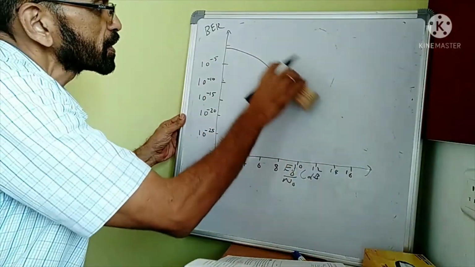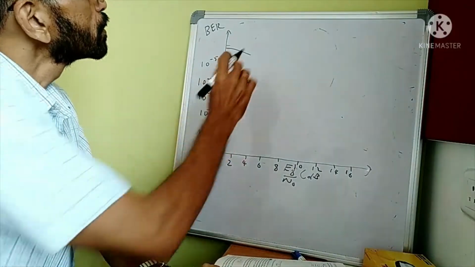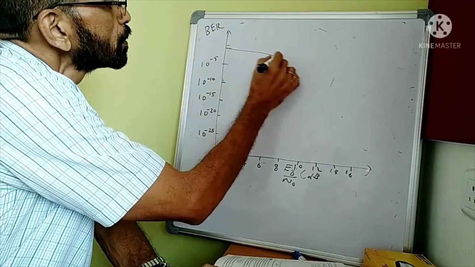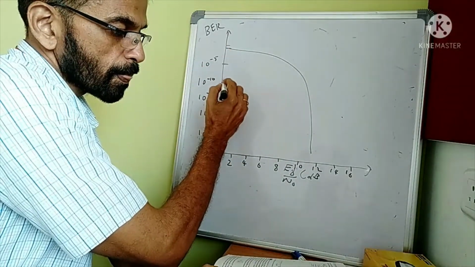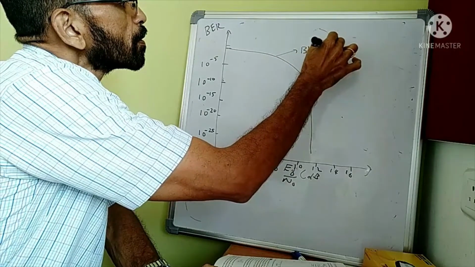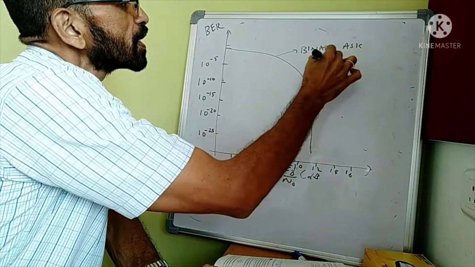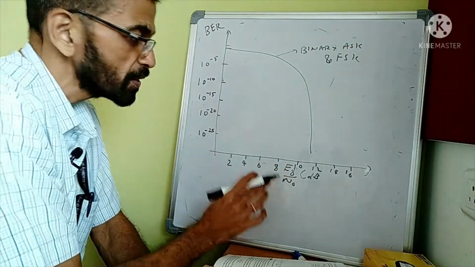So let me try to make it as realistic as possible. Say this is for binary ASK and FSK. You know, they are the same, they perform the same way.